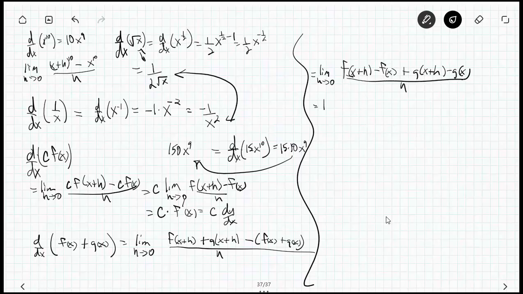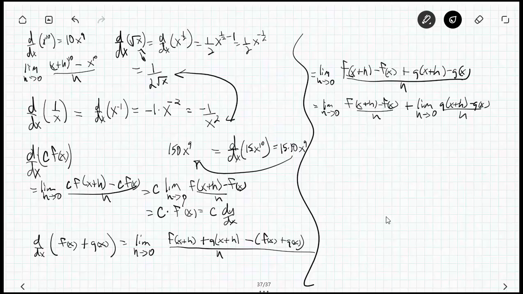And look, I've got a common denominator, so I can bust this up into the limit as h goes to 0 of f of x plus h minus f of x over h plus the limit as h goes to 0 of g of x plus h minus g of x all over h.